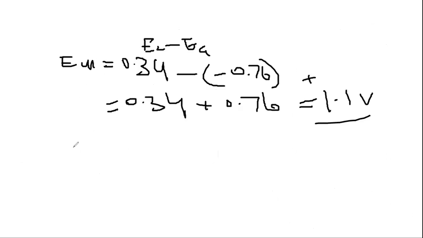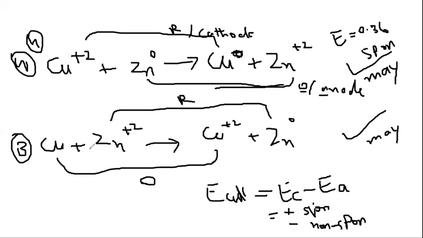In the other case, for option number 3, again you can calculate the cell potential. Here we are going to consider this as the reduction, and reduction, as said, must be at the cathode, and oxidation must be at the anode. So in this case, zinc is reducing and copper is going to oxidize.